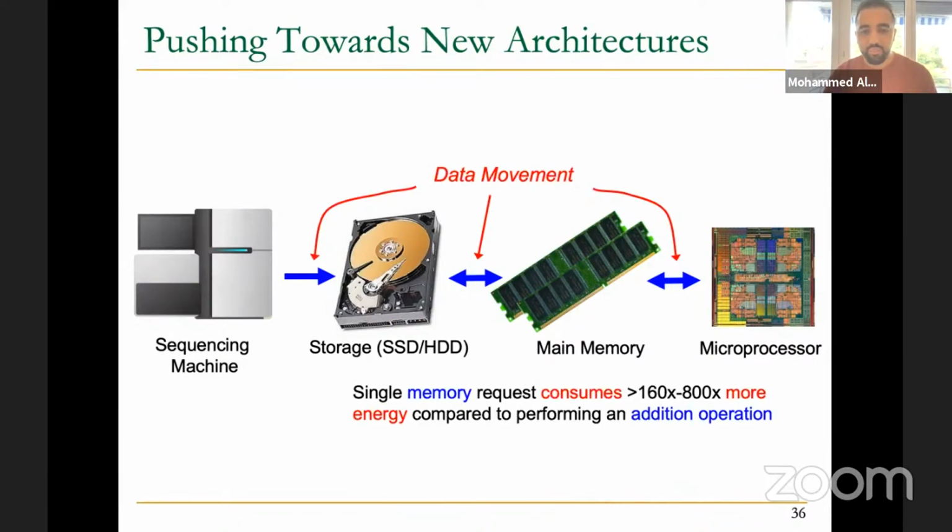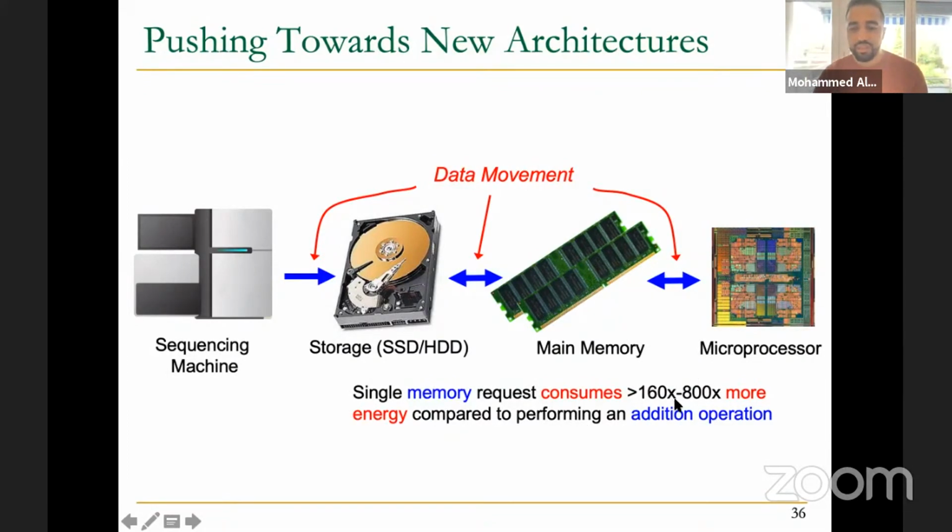So basically, data movement. We have a huge amount of data moved from the sequencing machine to the storage, to the main memory, to caches, all the way to the CPU to do the processing. And just accessing the main memory to fetch a piece of data is much more expensive than doing a complex process in the CPU.